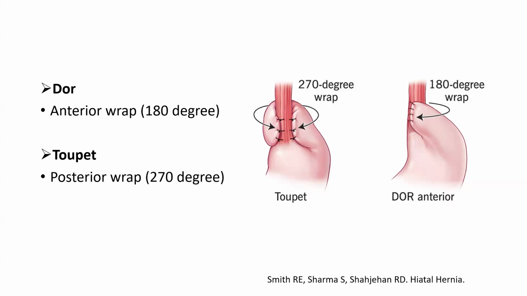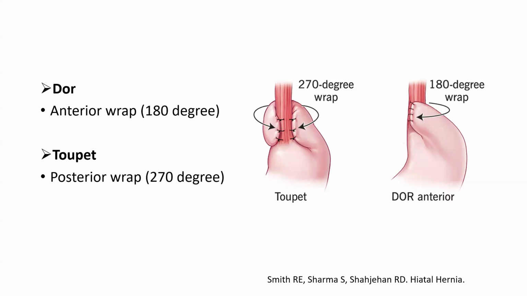Sir, in Heller's myotomy. Yes, correct. Basically, for achalasia cardia, the majority of patients after the myotomy will have significant reflux. To prevent that, you do what is called a Dor, an anterior repair, where you bring the fundus anteriorly and wrap it around the esophagus.